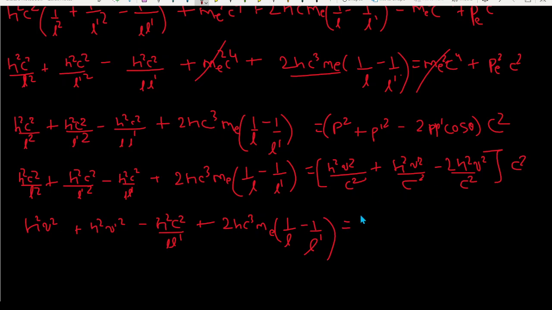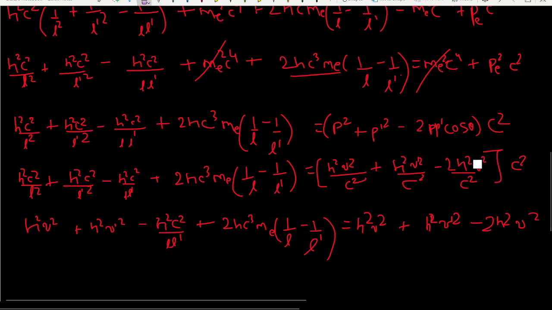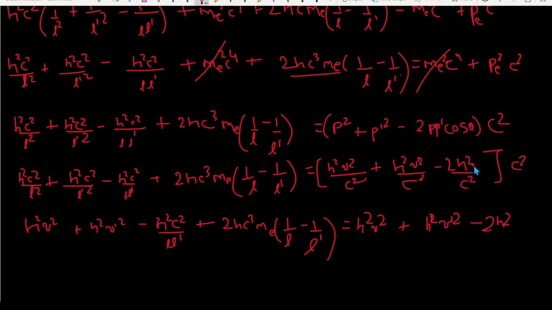If c square and c square get cut out, it is equal to h square mu square plus h square mu dash square minus 2h square mu into mu dash, because these two frequencies are different, you can't use mu square.